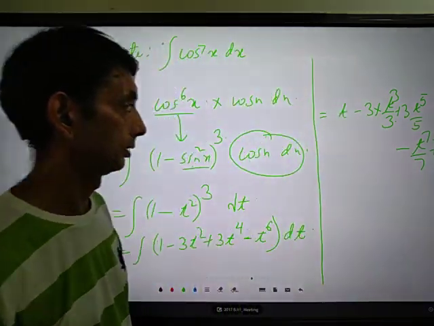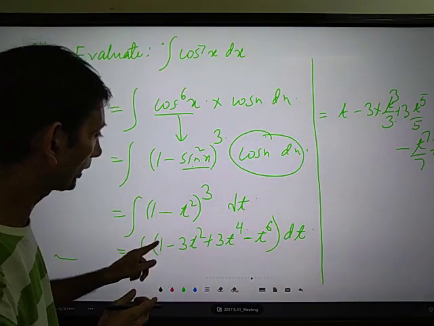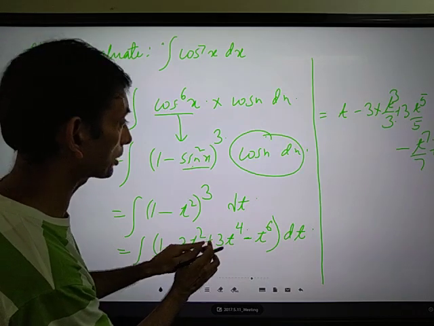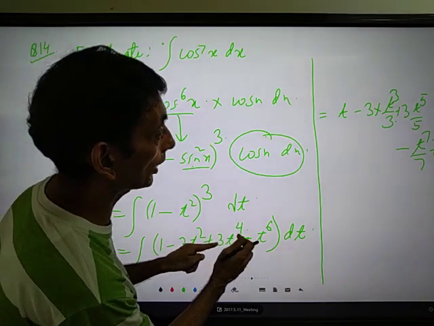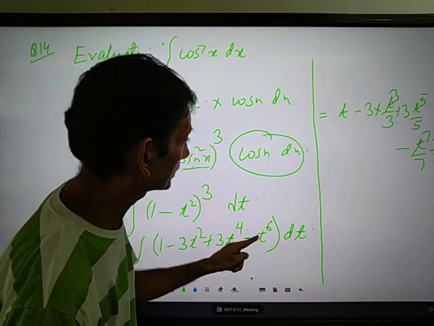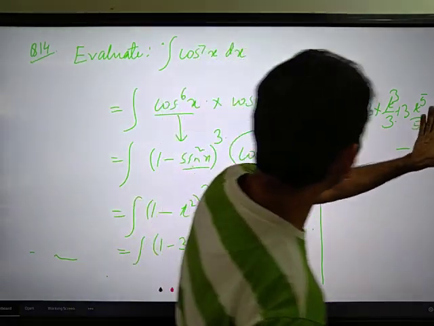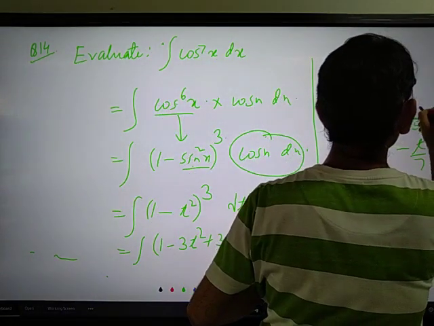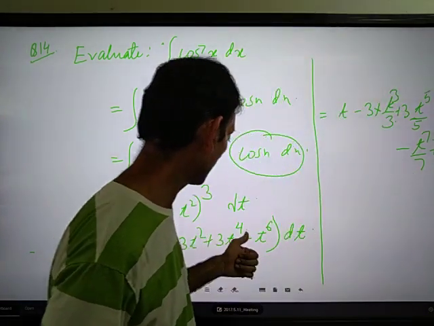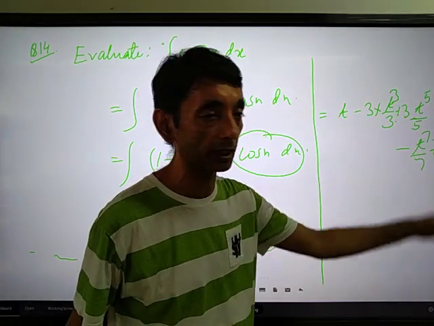Done. That is t minus t cube by 3 plus 3t to the power 5 by 5 minus t to the power 7 by 7 plus c.